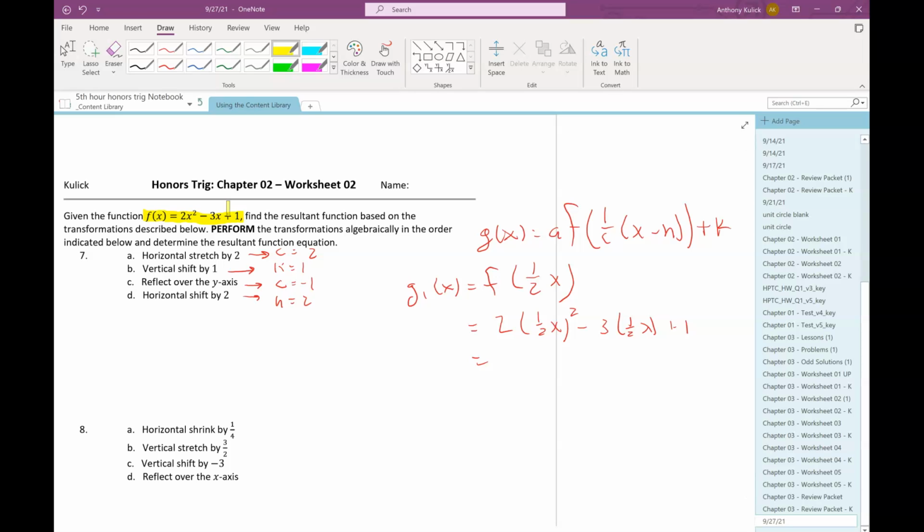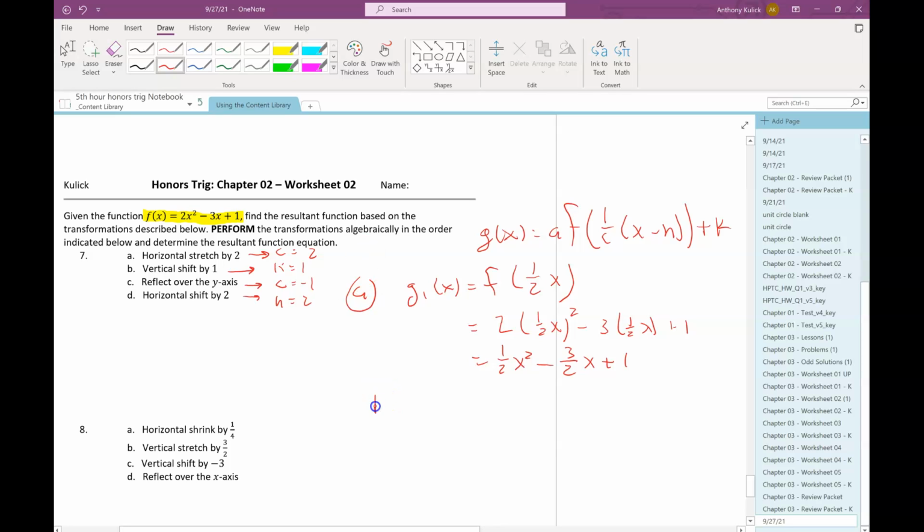So I'm just plugging 1/2 x into that function. Is that okay? Yeah. Okay. To evaluate that down, 1/2 x squared is 1/4 x squared. 2 times 1/4 x squared is just 1/2 x squared. 3 times 1/2 x is 3 over 2 x. And I still have the plus 1 at the end.